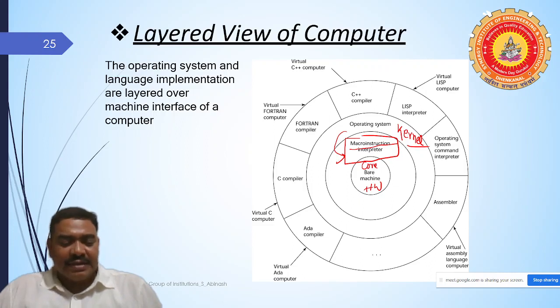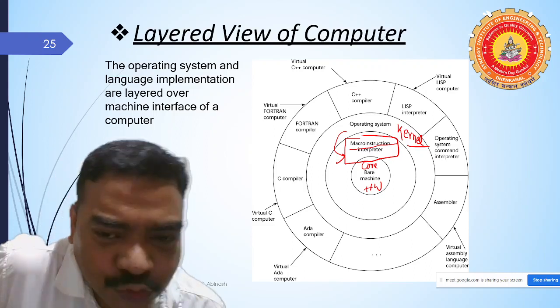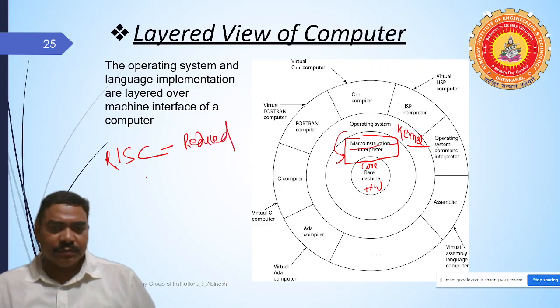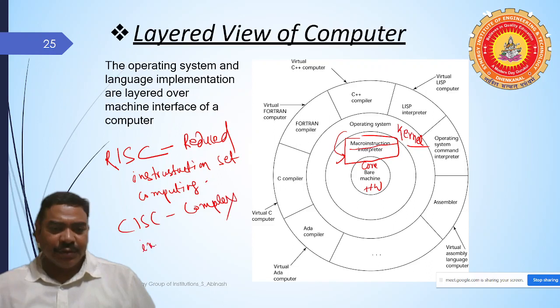Okay. RISC means reduced instruction set computing, and CISC is complex instruction set computing.